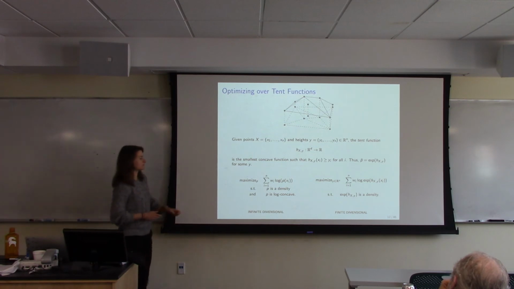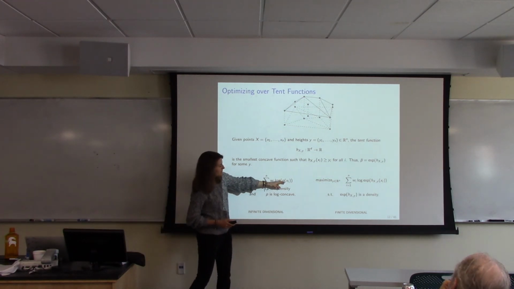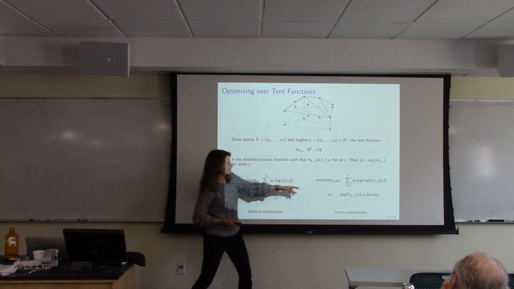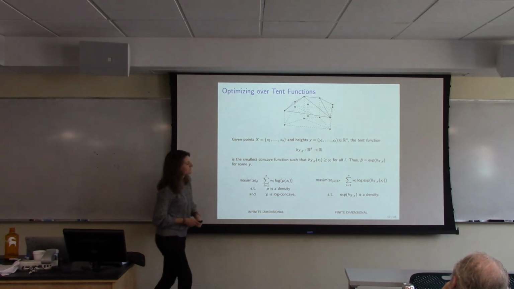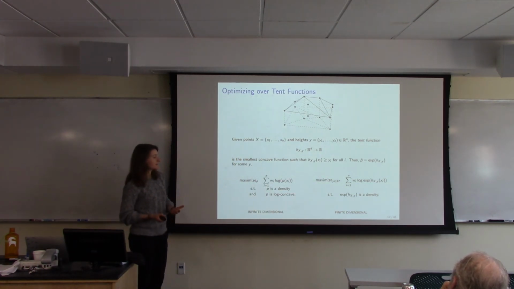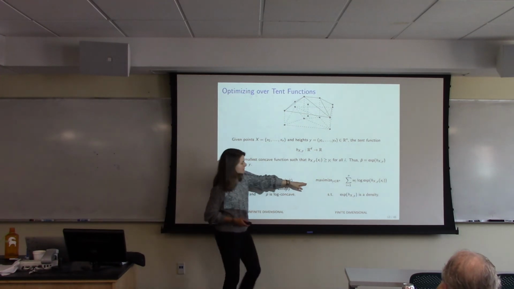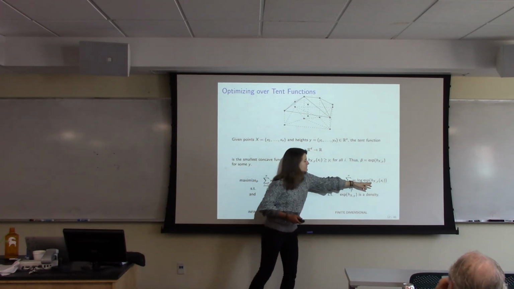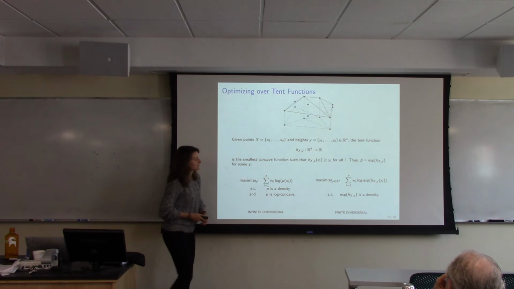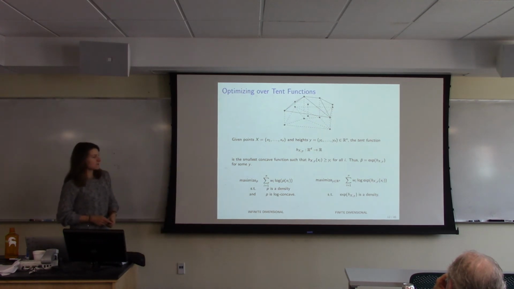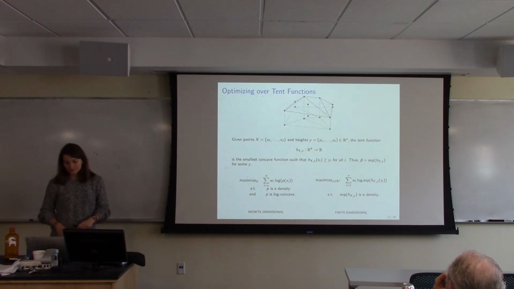Okay, and now because P equals exp of h_{x,y}, we can just substitute it over there, and that becomes a finite dimensional problem because we're now maximizing this likelihood over all heights y such that exp of h_{x,y} is a density, because we already know that it's log-concave.